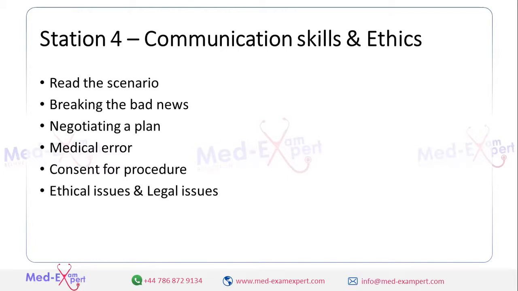Sometimes there may be more than one legal issue. For example, you need to take consent, and there could be an issue with confidentiality. In such scenarios, some hidden agenda may be there, and such information will come when you give more time to the surrogate. Do not interrupt the surrogate at any point in time.